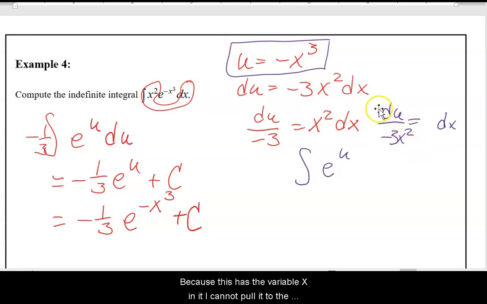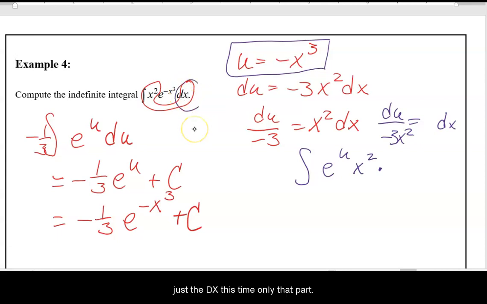Because this has the variable x in it, I cannot pull it to the outside of the integral. Nothing with the variable x can pass the integral symbol. So instead, I have replaced only the e to the u, but not the x squared. I still have x squared in the problem, and now I replace just the dx this time, only that part, with du divided by negative 3x squared.